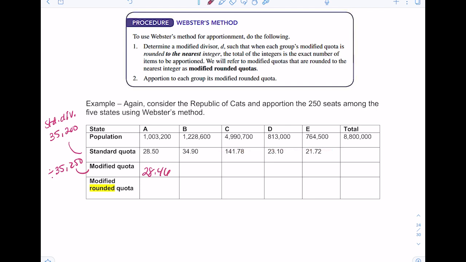So we'll increase our divisor. So here we get 34.85, that's 141.58, 23.06, and 21.69.